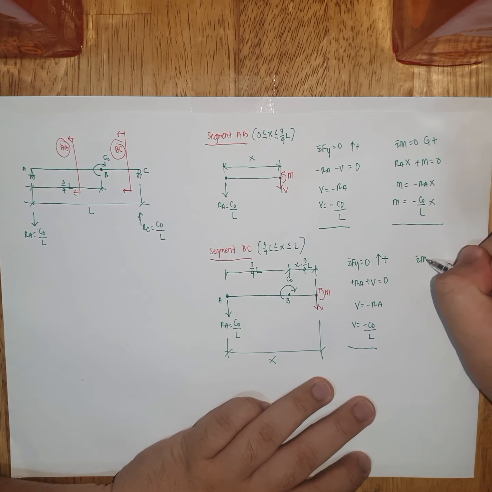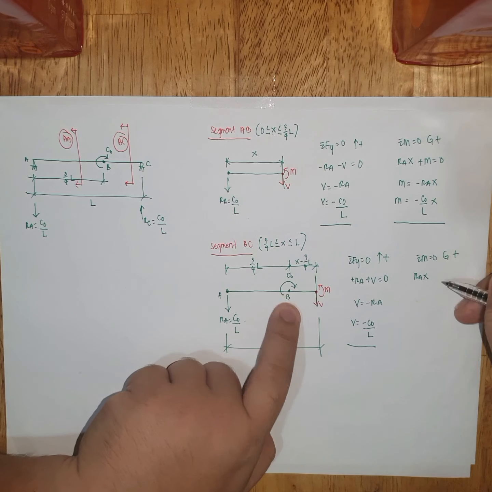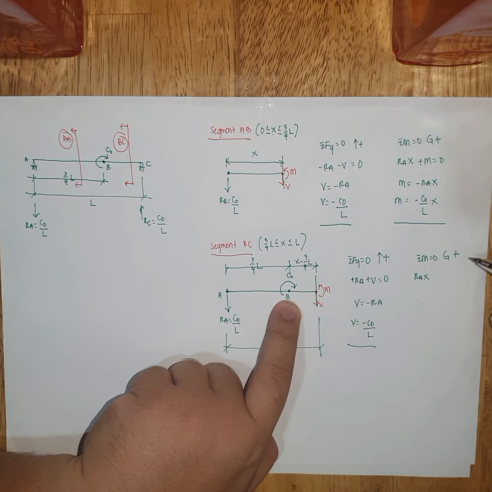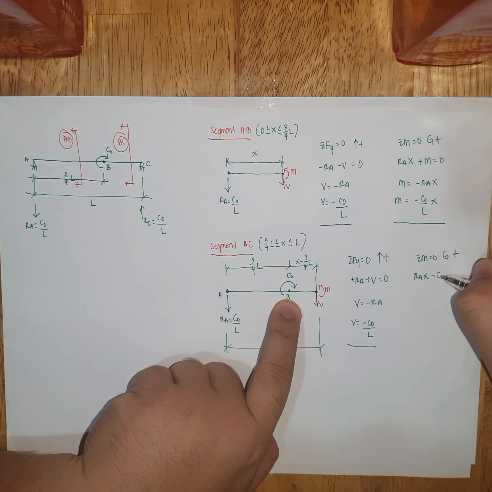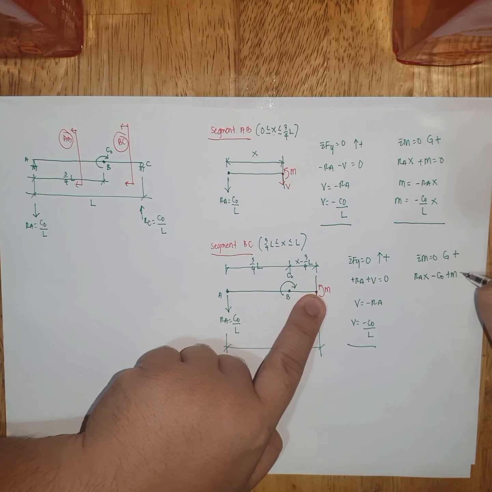Then summation of moment is equals to 0, taking counterclockwise as positive. So si RA magta-travel ng counterclockwise, so positive siya. Si CO, yung applied na CO is clockwise, so negative CO. Then si moment is counterclockwise, plus M is equals to 0.